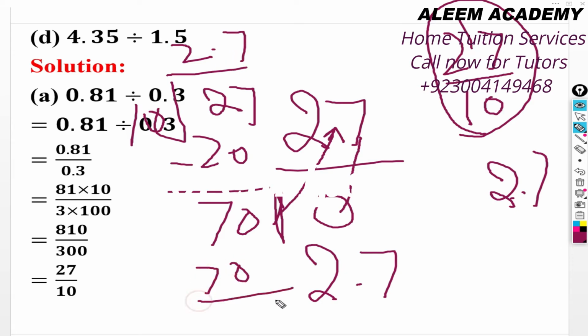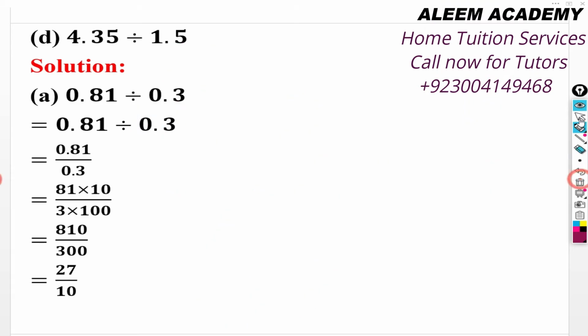So by dividing we get the answer 2.7. Whatever method we use, we will get the final answer 2.7. So here is your final answer, 2.7.